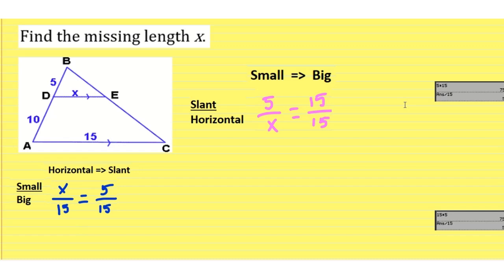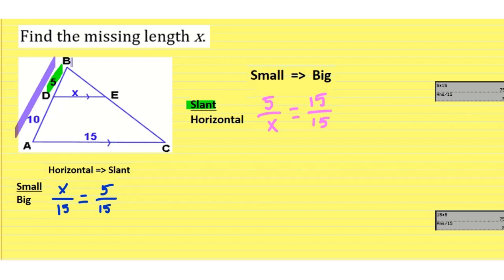This next problem has a set of triangles that are actually embedded in one another. I've already got it set up here, and we're talking about the slanted side. So here is a slanted side, that's the slanted side of the small triangle. However, the slanted side of the big triangle is not just 10, it's 5 plus 10.